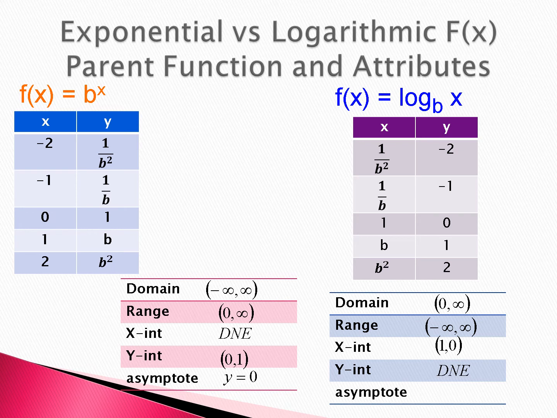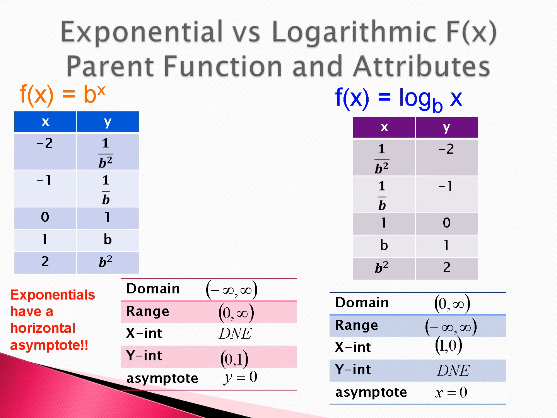Once we move it up, down, left, and right, we may have a y-intercept, but right now we do not for the parent function. And if the asymptote on the exponential was y equals 0, the inverse of y equals 0 is x equals 0. So now we're going to have an asymptote of x equals 0.